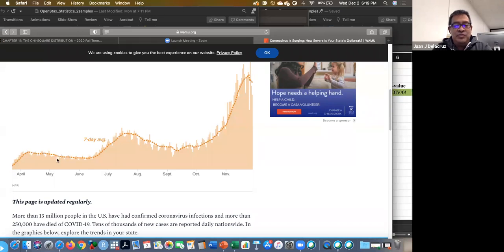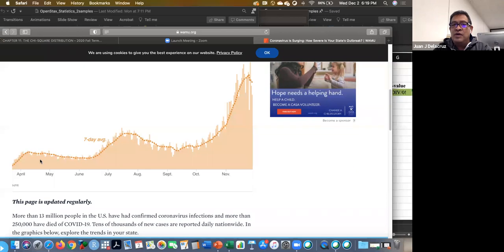For example, if you make these periods smaller, you can see that the data fluctuates a lot. So in order to avoid this fluctuation and have a better picture of the disease, they are taking a 7-day average. Most of the graphs that show COVID are based on a 7-day average, which is the same as the moving average that we mentioned before.